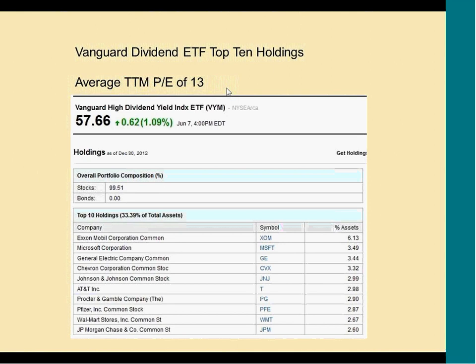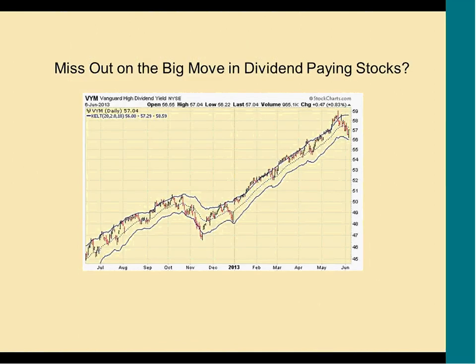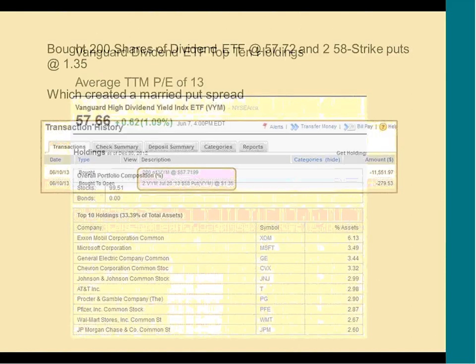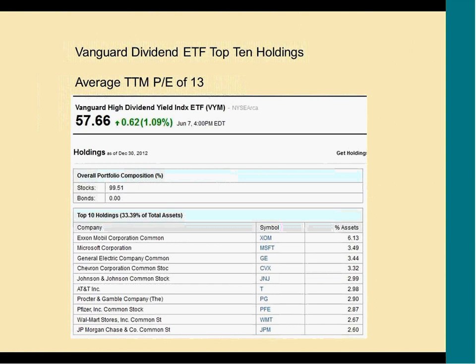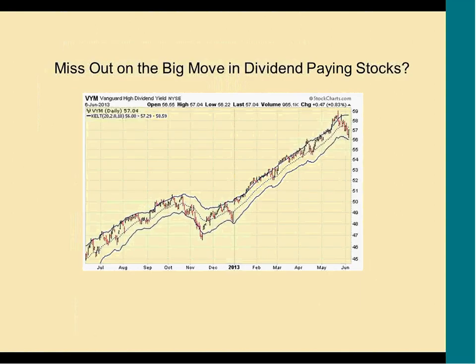Bought 200 of the shares at 72, and then I also bought two 58 strike puts at 1.35. So I have both a long position and a short position here, and this allows me a low risk way to enter the dividend paying stock sector.